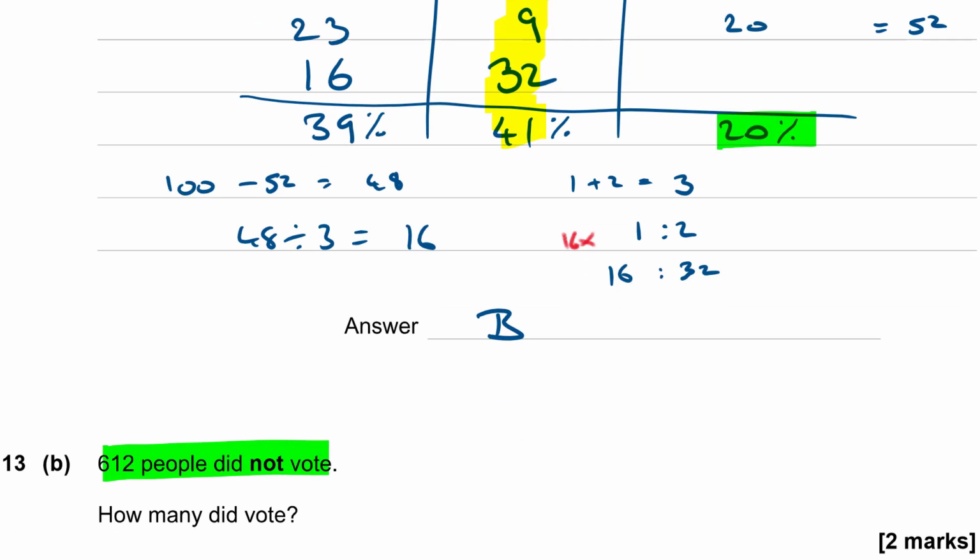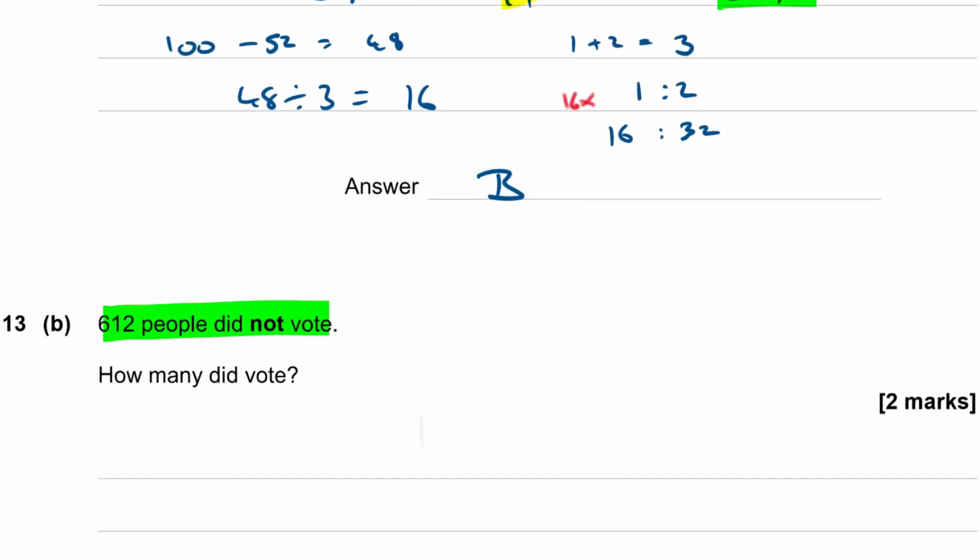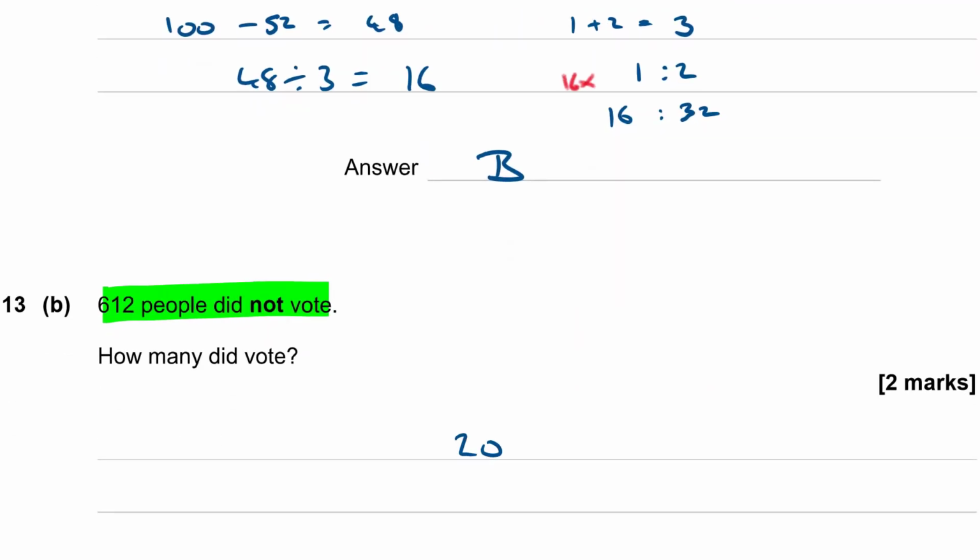So what we've got is 20% of people represents 612 people. So if 20% of people didn't vote, then I figure that 80% of people must have voted. Does that make sense? So if 20% didn't vote, then the rest of them, 100 subtract 20% is 80%.